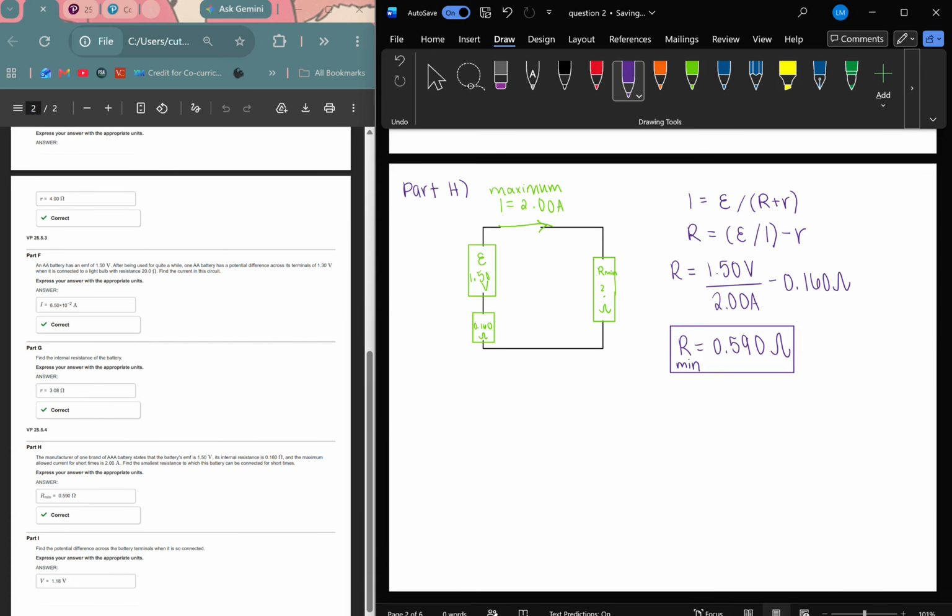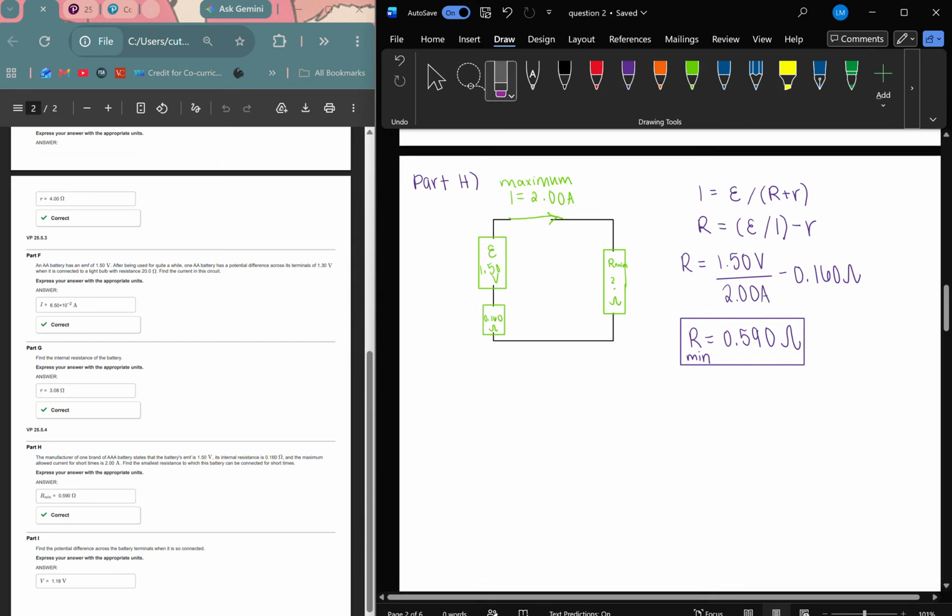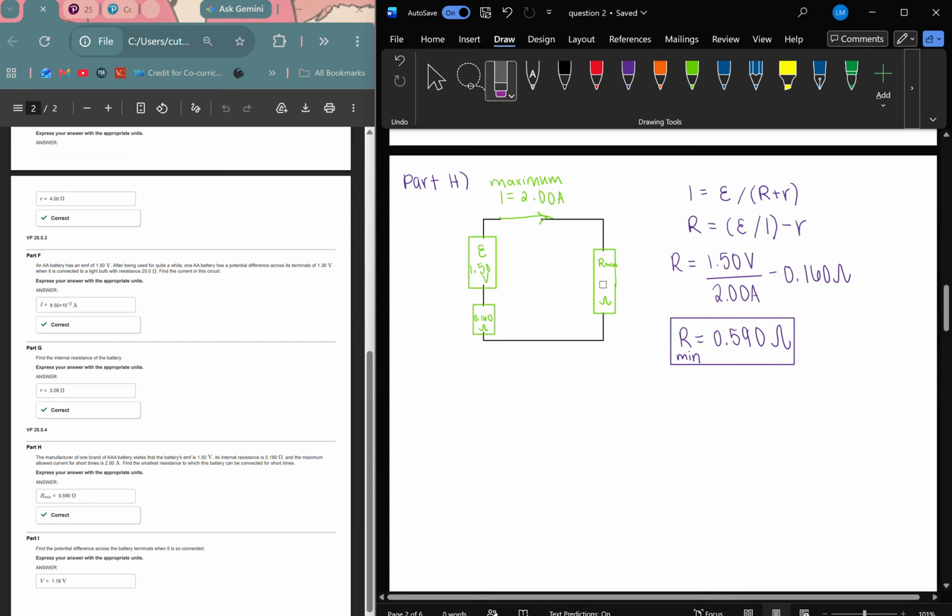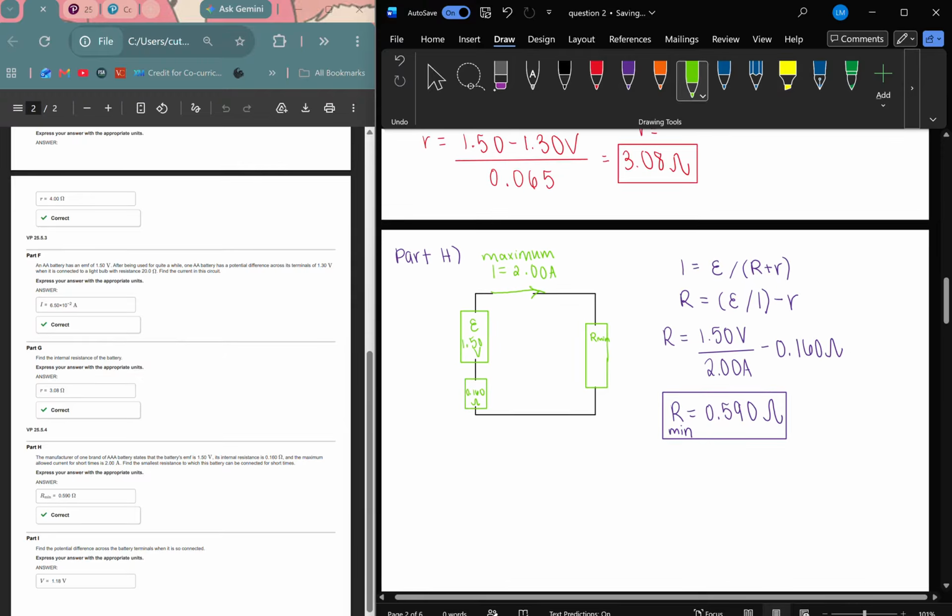So we found the minimum up here. R min is 0.590 ohms. There we go. Okay.